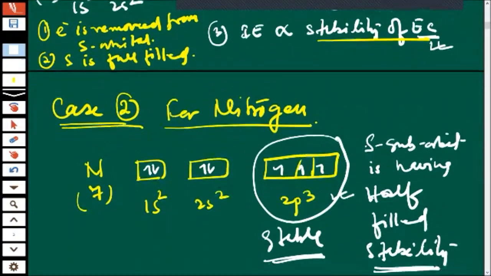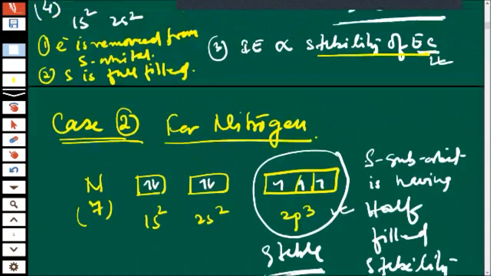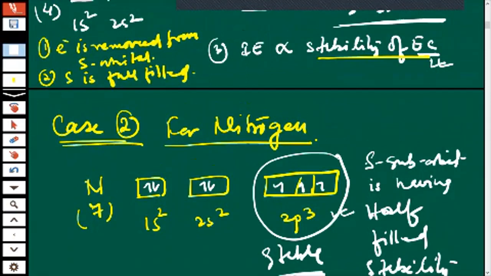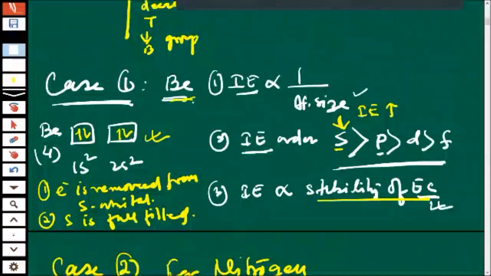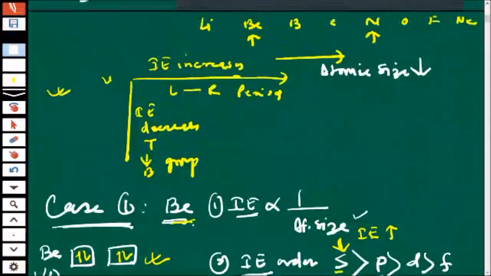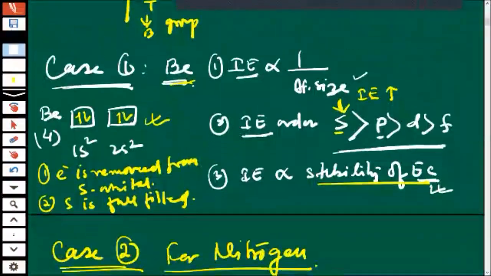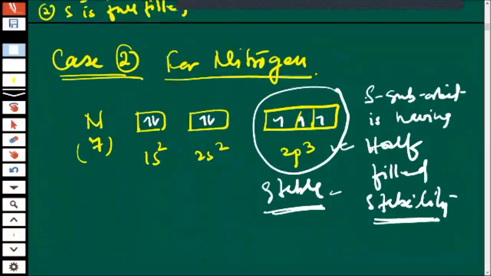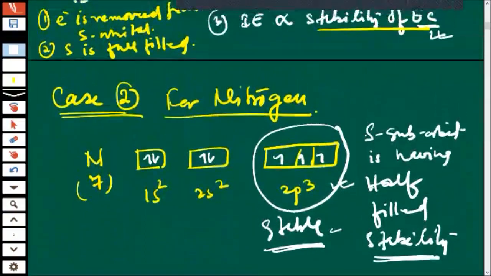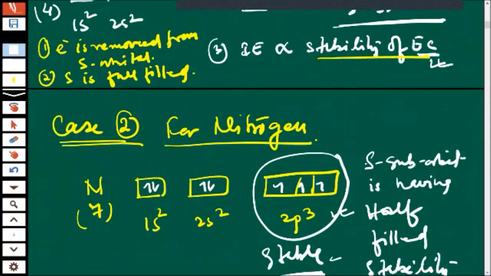So if anybody asks you why nitrogen has ionization energy more than what we are expecting, or more than oxygen, you can say that the electron which is removed in nitrogen is removed from a stable P suborbit, so it requires more energy. I think this second case is also very clear to you.